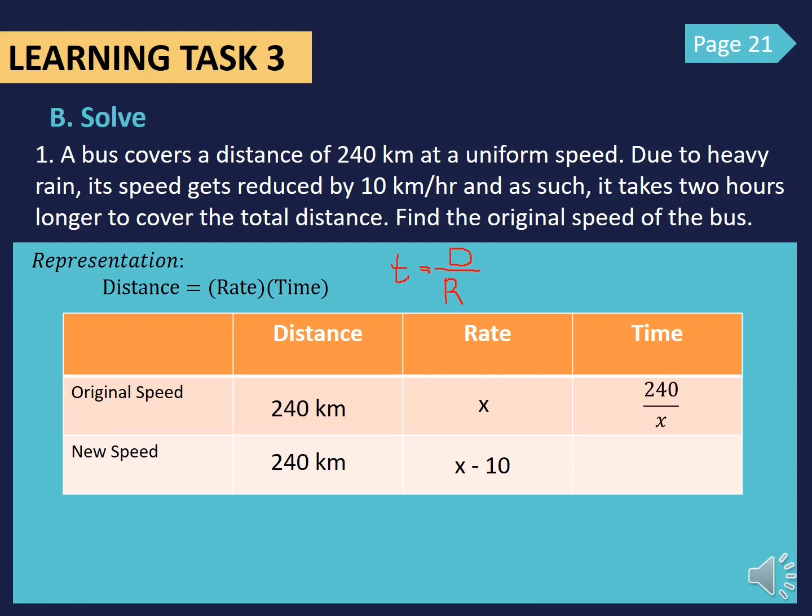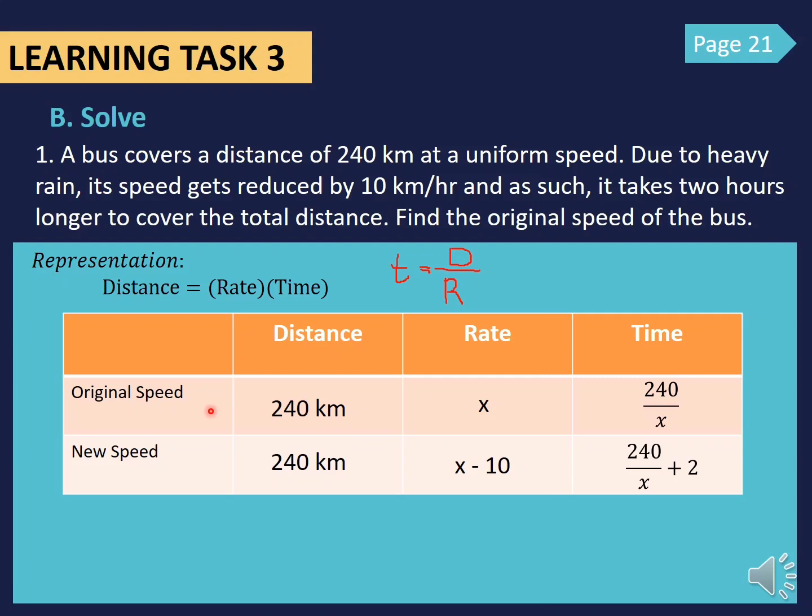So, ang time natin is 240 over x. And for the new speed, from the original time na 240 over x, nadagdagan siya ng 2. Nag-plus 2 siya. Why? Kasi sabi dyan, it takes 2 hours longer to cover the total distance. Kaya po, from the original time, nadagdagan or humaba pa ng 2 hours, kasi nabawasan yung rate natin, bumagal.